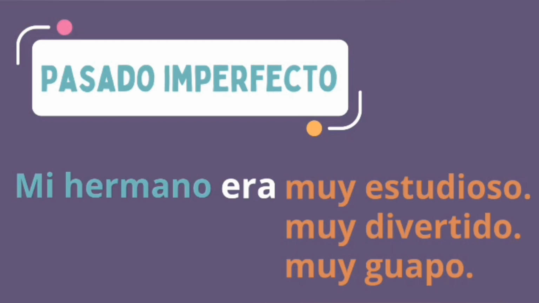Okay, you're describing how he was, okay? Mi hermano era muy divertido, very funny, muy divertido. My brother was very funny. Mi hermano era muy divertido. Now, if you want to say my brother was very handsome, then you gotta say mi hermano era muy guapo. Mi hermano era muy guapo. Okay? And you're using the imperfect past.